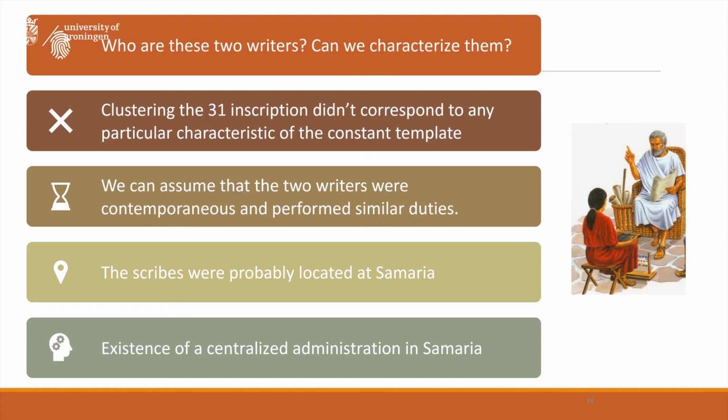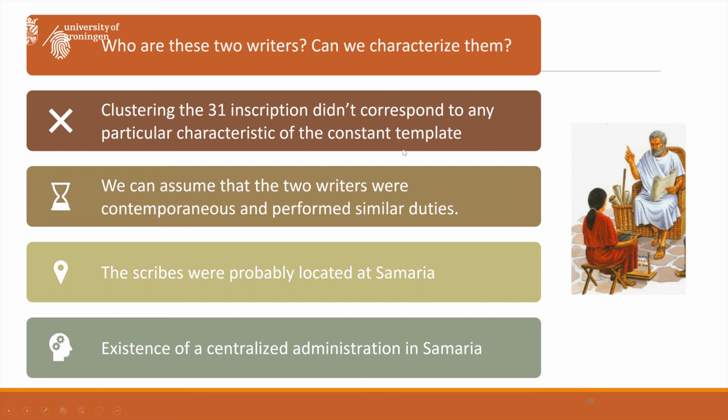So can we identify clusters which belong to either of those characteristics of the inscriptions? Can we say that the first writer was writing in the years 9 and 10, and the second one was writing in the year 15 to a specific king? Apparently we were not able to cluster by any characteristic written on the ostraca.